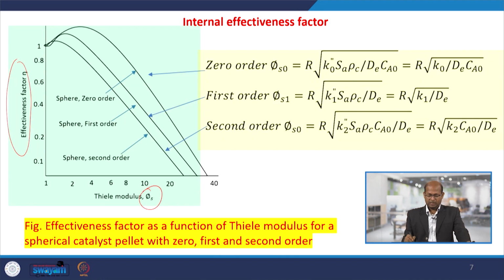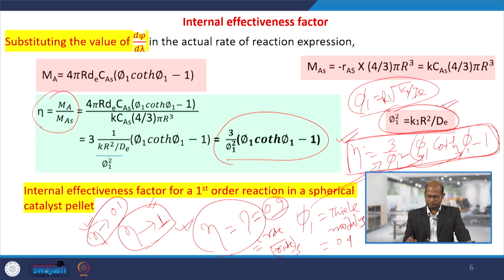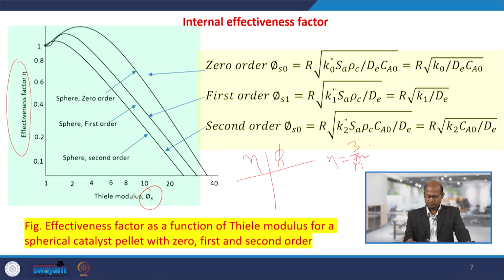So, this is the equation for eta, the effectiveness factor. Here the phi values are 0.0, 0.1, 0.4, 1, 2, 10, 20, like that. One by one we will select them and put them in these equations, then we will get the corresponding eta value.